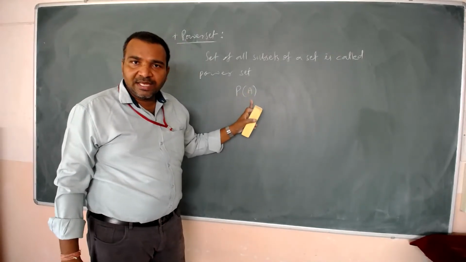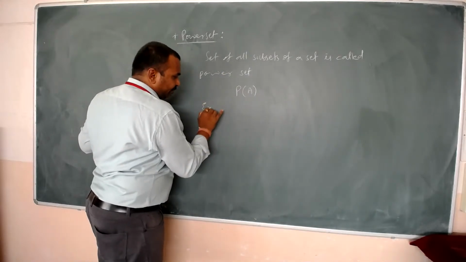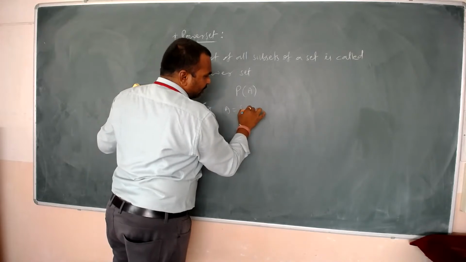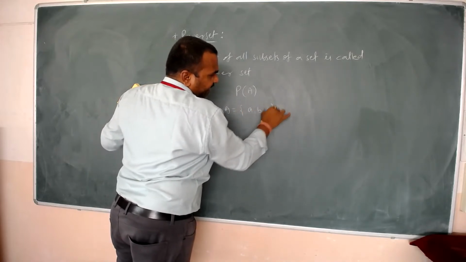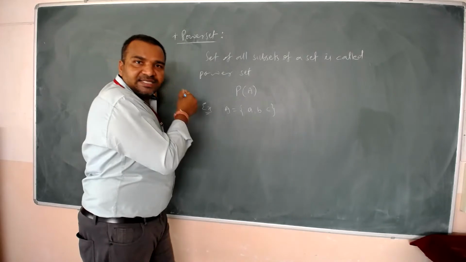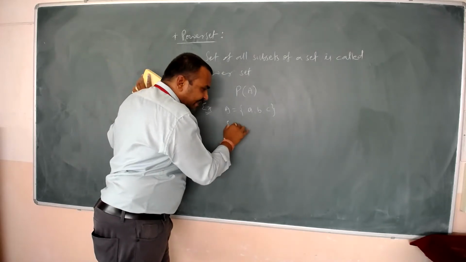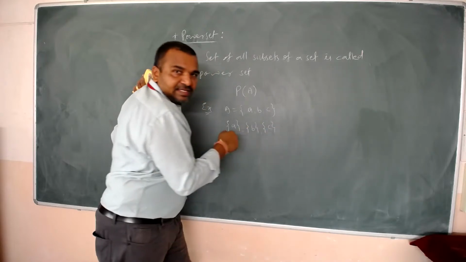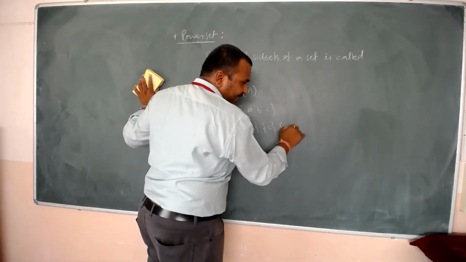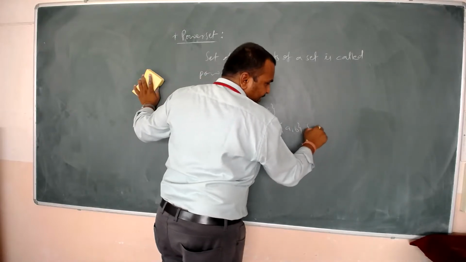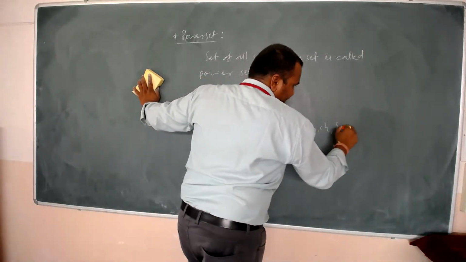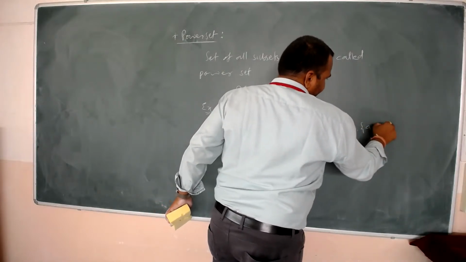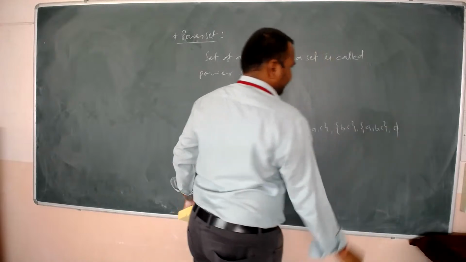Clear? No. I will write one example now. A is equal to {a, b, c}, I'm taking the same example. Now, I will write the subsets: set {a}, {b}, {c}. These are the subsets. Next, {a, b}, {a, c}, {b, c}, {a, b, c}, and the null set.